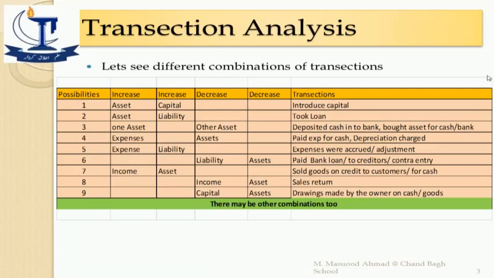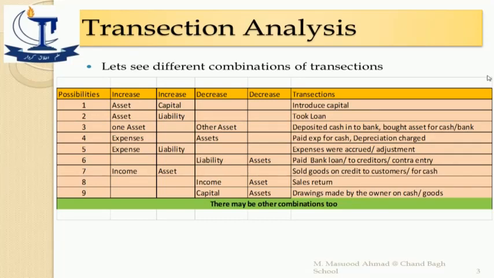Point 8 is when income decreases as well as your assets decrease, meaning when your debtors return goods. That is sales return, basically return inward, because the return is coming towards us. When your customer returned goods, the customer was previously your account receivable, that is your asset.